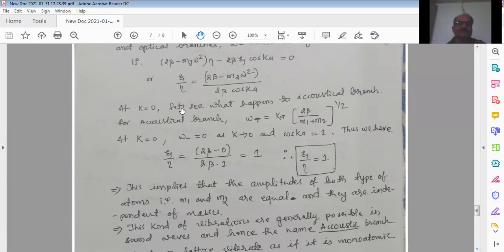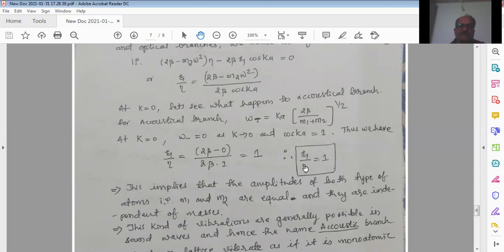At k equal to 0, let's see what happens to the acoustical branch. For the acoustical branch, at k equal to 0, the angular frequency goes to 0, and cos ka in the denominator becomes 1. Substitute these two, 0 and 1, so it becomes 1.